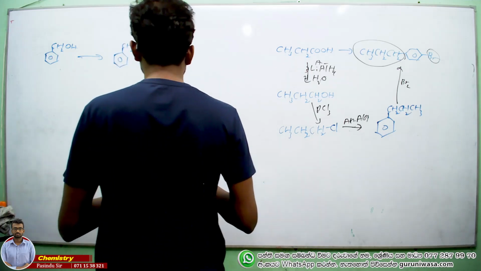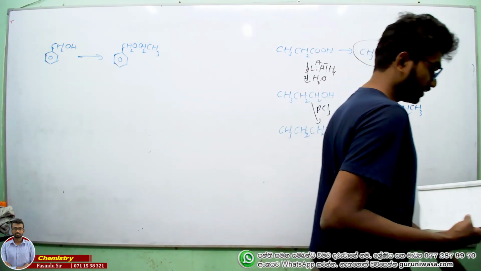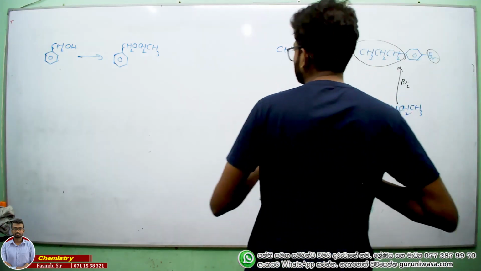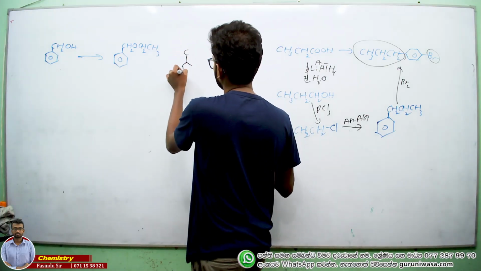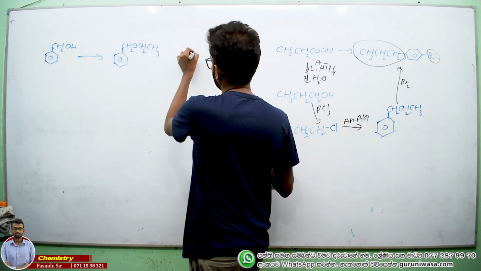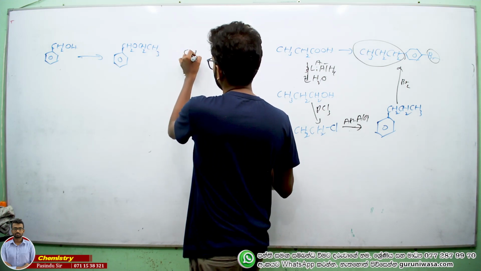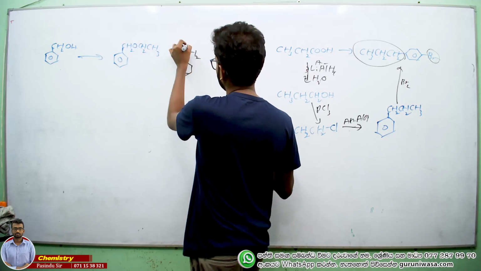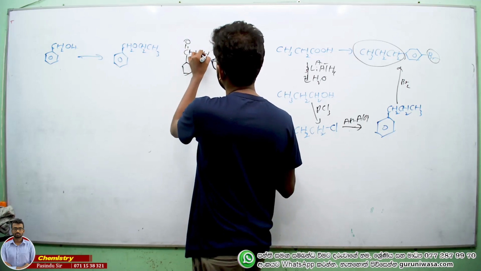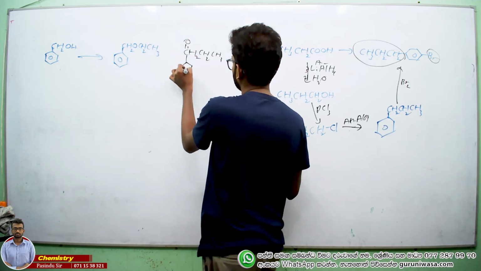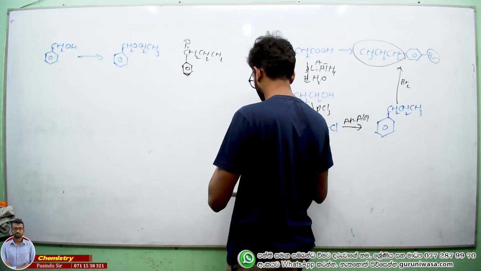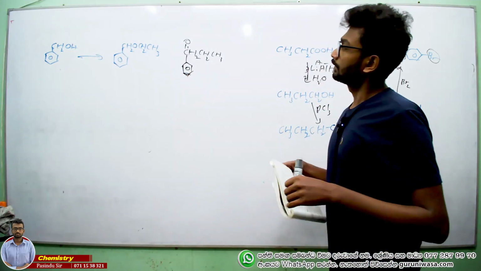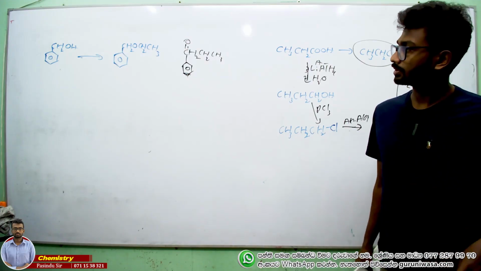Right. What is this? CH2, like this. Okay. How to make it?